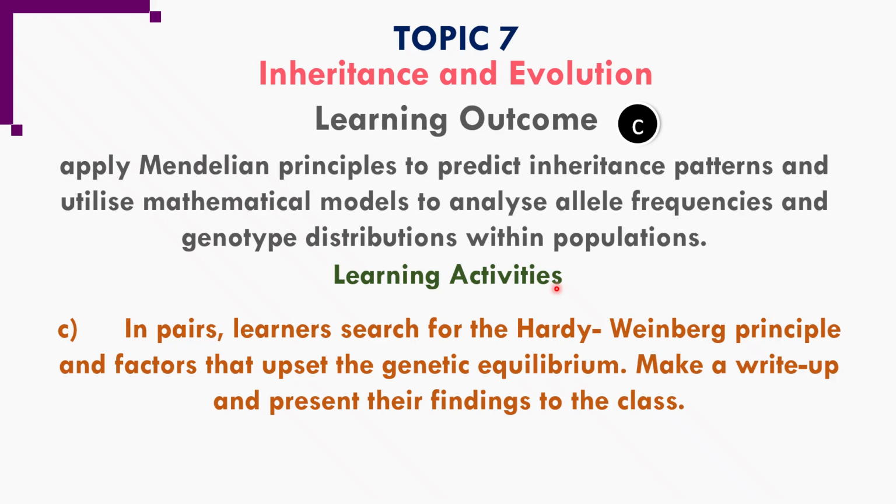Learning activity C. In pairs, learners search for the Hardy-Weinberg principle, the factors that upset genetic equilibrium. Make a write-up and present their findings to the class.